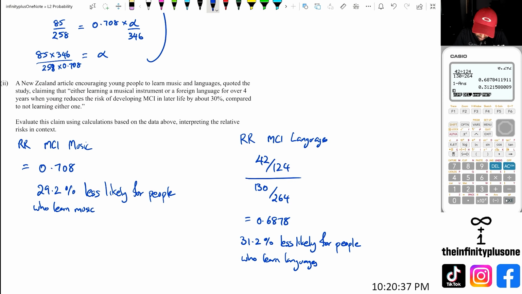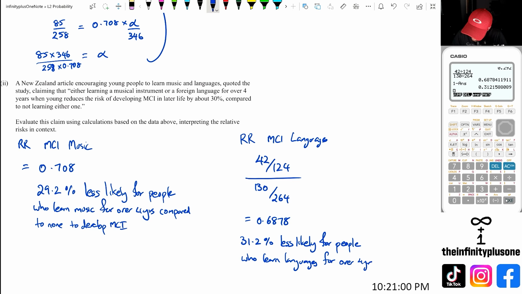Who learn music for over 4 years compared to none to develop MCI. Again, same thing here. For over 4 years to develop MCI compared to none.